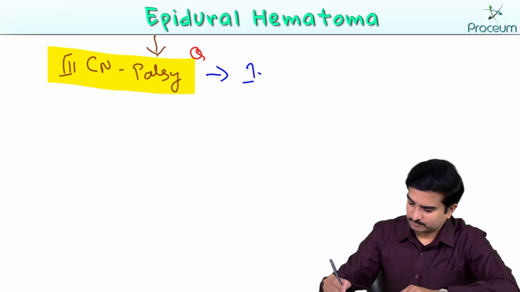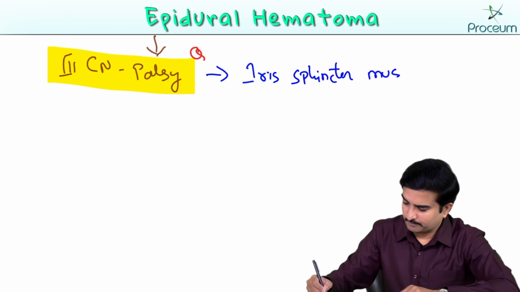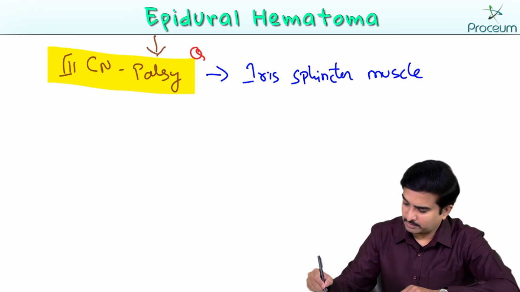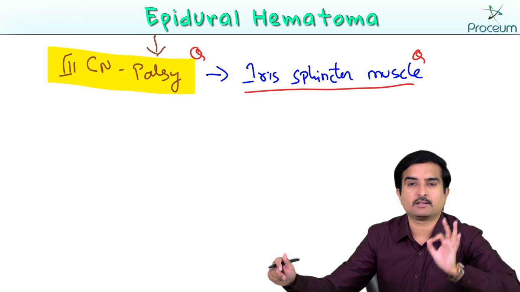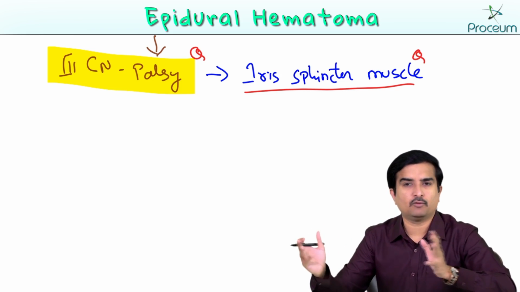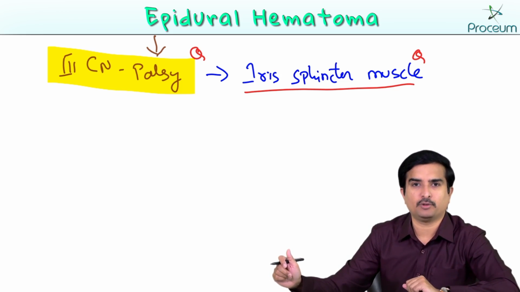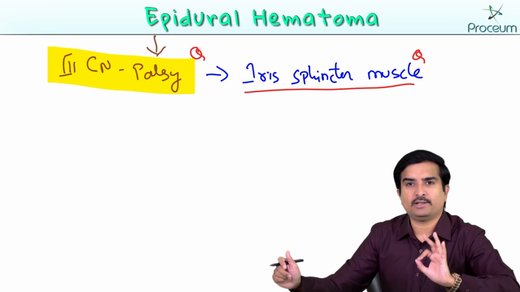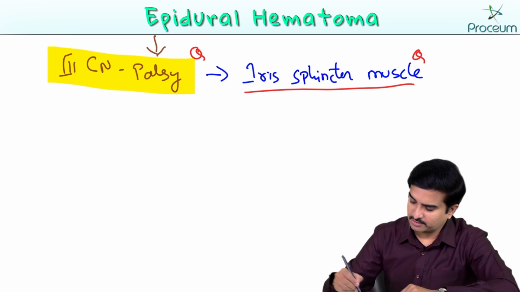So the iris sphincter muscle is going to get compromised. If the iris sphincter is not working, then what would be the condition? Dilation, right? So that is how you have to remember. And remember this point: this iris sphincter muscle is innervated by what fibers?